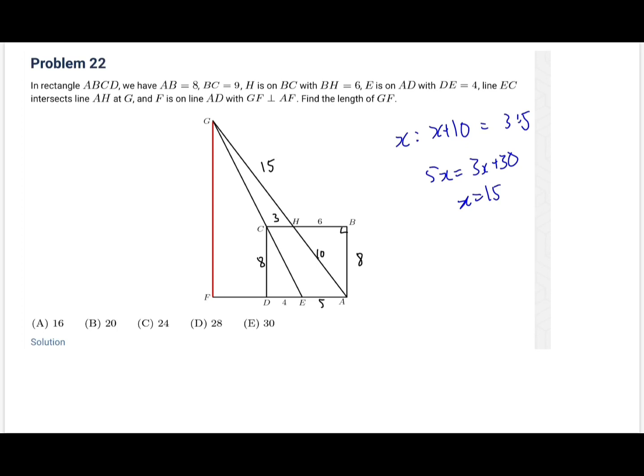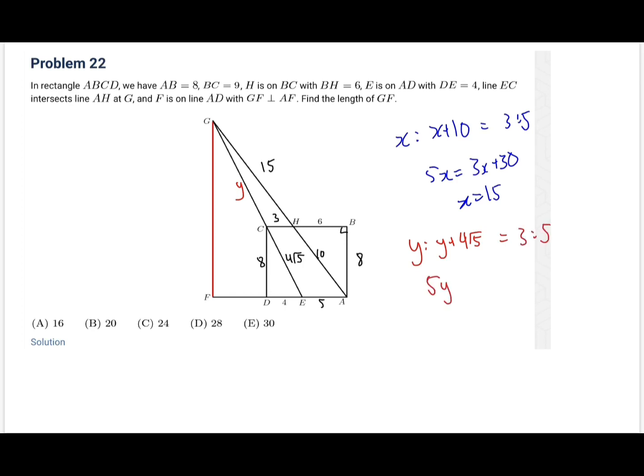Okay, since this is 4 to 8, by Pythagoras this is 4 root 5. And since this is 3 and 5, GC to GE must also be 3 to 5. So if GC is y, then y to y plus 4 root 5 will be equal to 3 to 5.